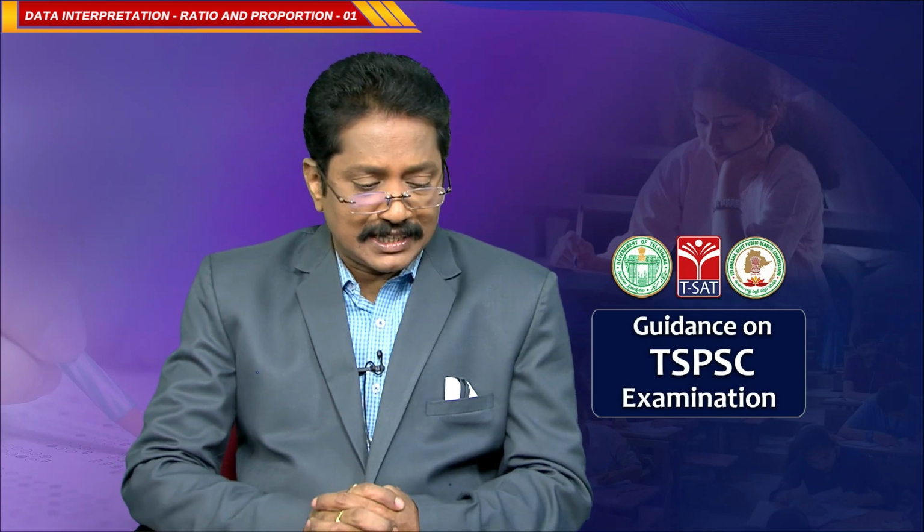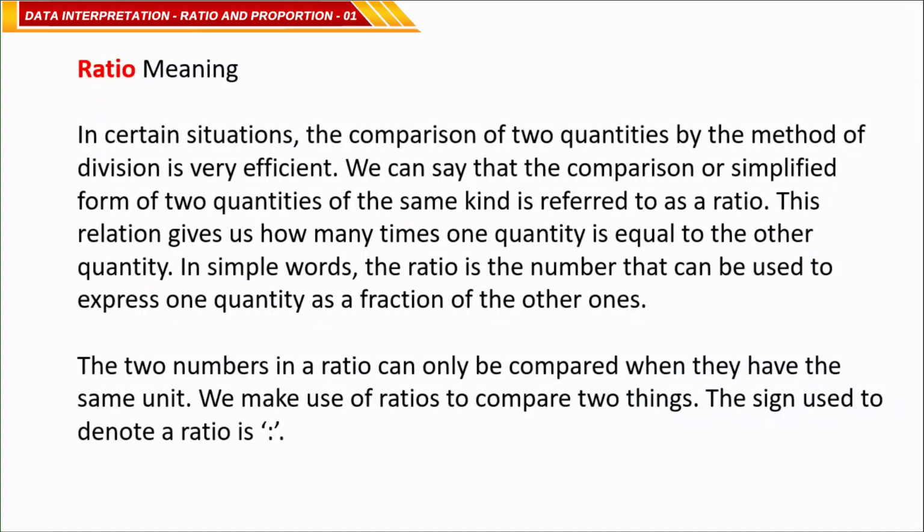Now in this session we are going to discuss ratios and proportions. Then what is a ratio? This is very important. In a certain situation, the comparison of 2 quantities by the method of division is very efficient.